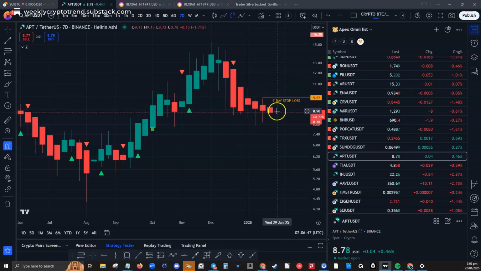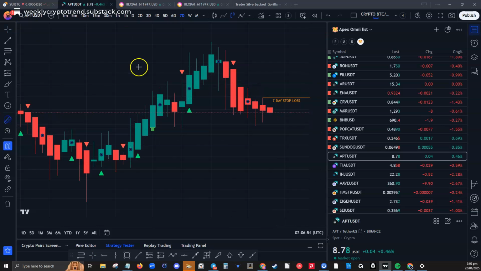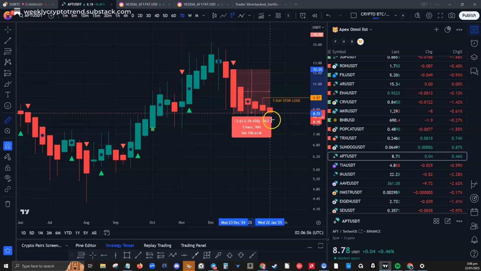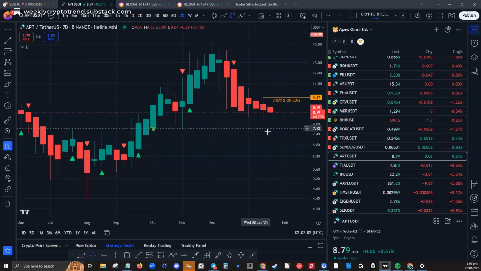23rd of December. If you had been following it, you could trail it from here to the current price, which is 28% on this short in 30 days, 1% a day. Just following this again, it's getting choppy now, but still you would follow it.